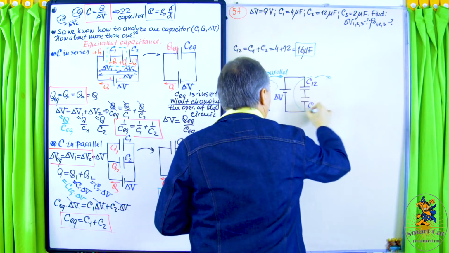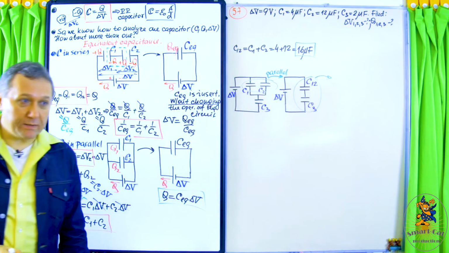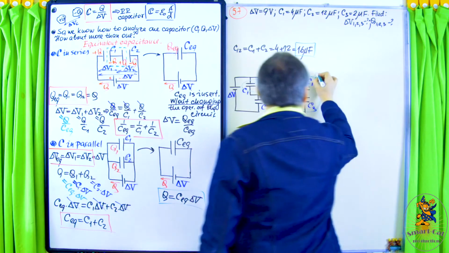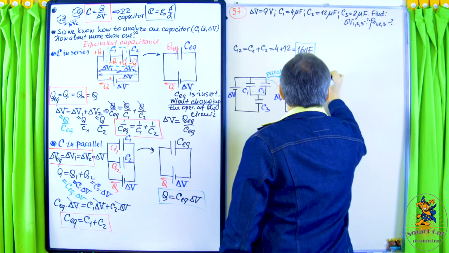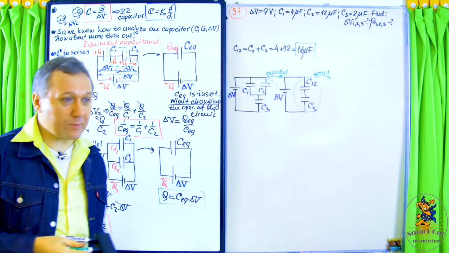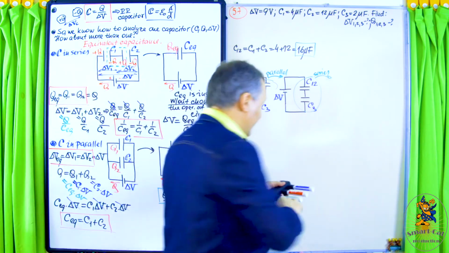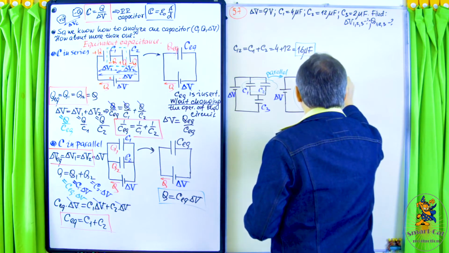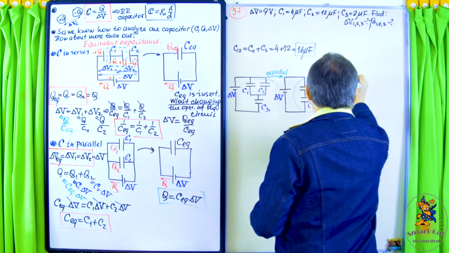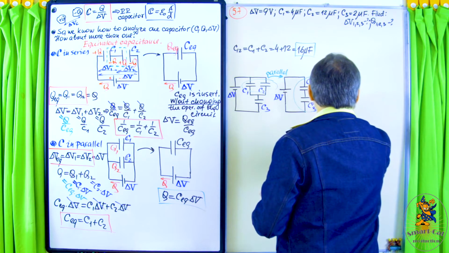Obviously, these capacitors are connected in series, so I can write that these are connected in series. We need to replace them with one equivalent capacitor, which is going to be the final one. As a result, I can redraw my circuit one more time.